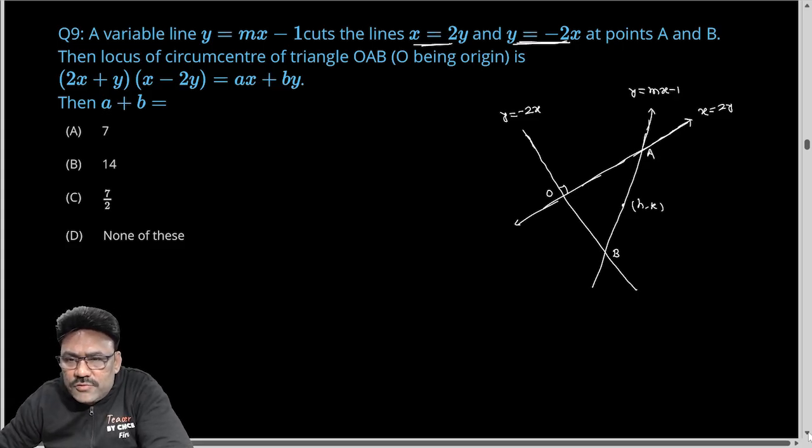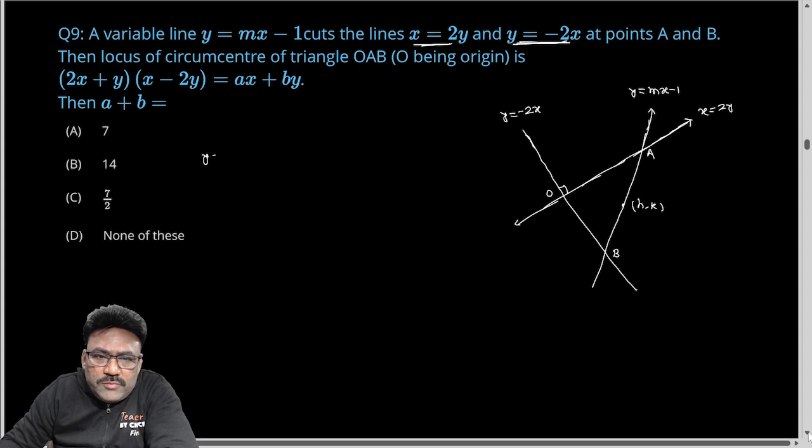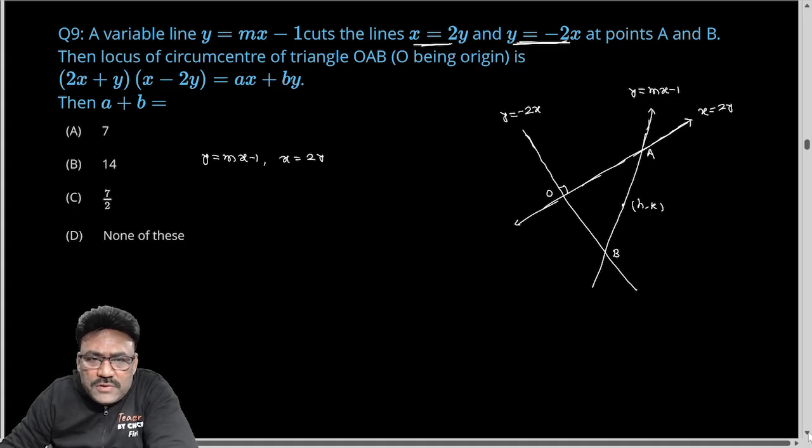Put the value of y from the first into the second. So you will get x is equal to 2mx minus 2.